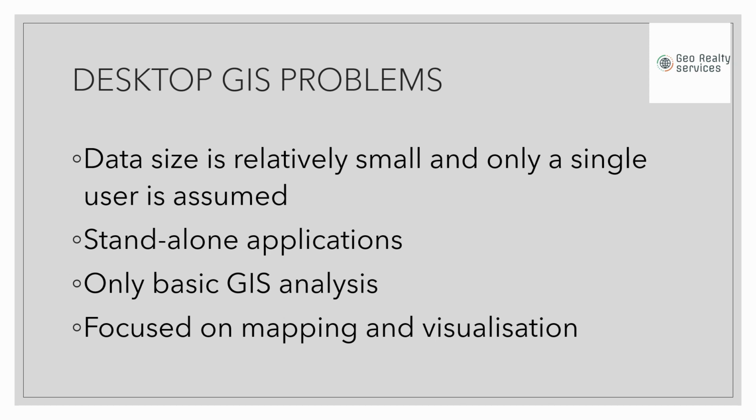First of all, data size is relatively small and only a single user is assumed. In other words, a standalone application. In terms of level of analysis, desktop GIS can deal with basic spatial analysis only. The main focus will be placed on mapping and geovisualization.